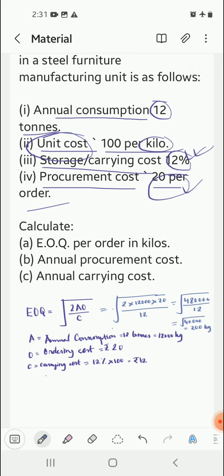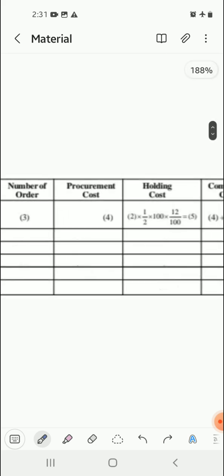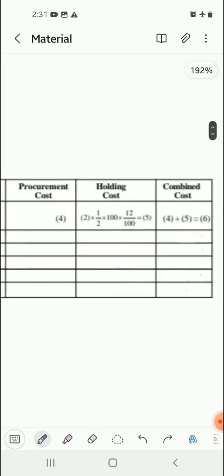Now I'll show you how we can prove and how to calculate the annual procurement cost and the annual carrying cost. For this, we have to make a simple table. We've got the annual requirements, the size of order that we have to assume, the number of orders that we have to place, the procurement cost, the holding cost, and the combined cost.